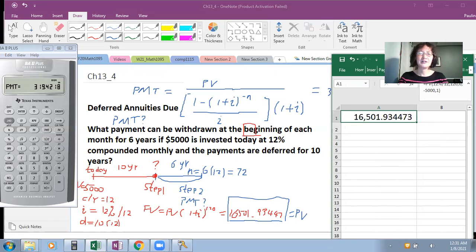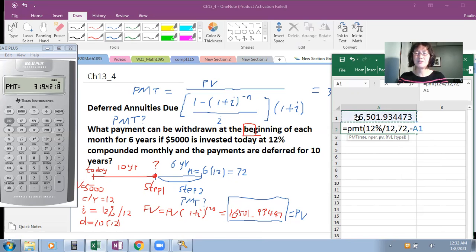And next, you use the PMT function. PMT, rate 12% compounded monthly divided by 12. NPER 72 is the term. PV, I will type in negative number because I want PMT is positive.